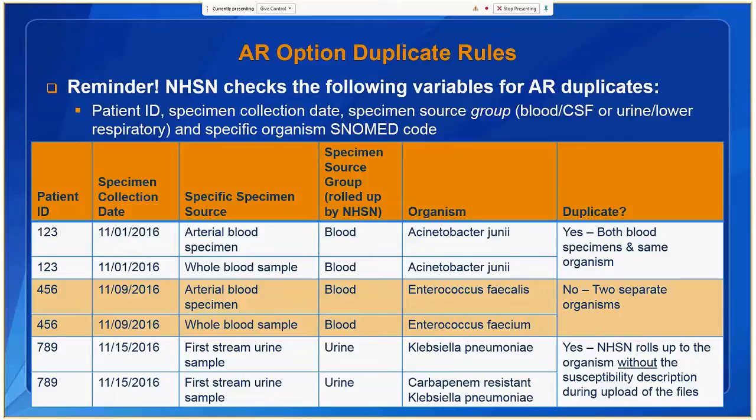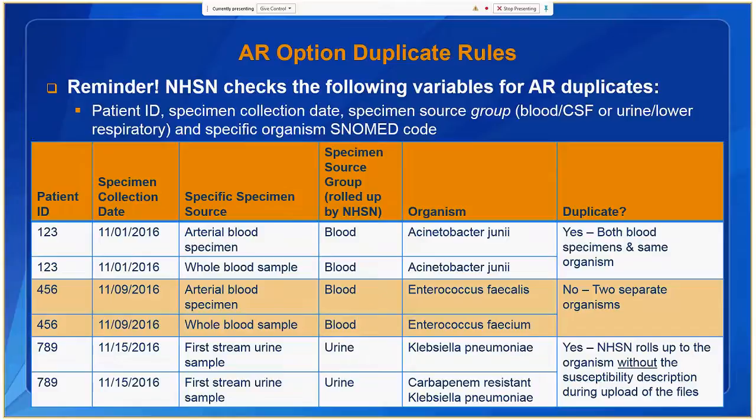So in order to highlight some of the nuances, I've provided a few examples on this slide. Just taking the first two rows for patient ID 123, that patient had two specimens collected on the same day. One was technically an arterial blood specimen, and the other was classified as a whole blood specimen. So those are two separate SNOMED codes.